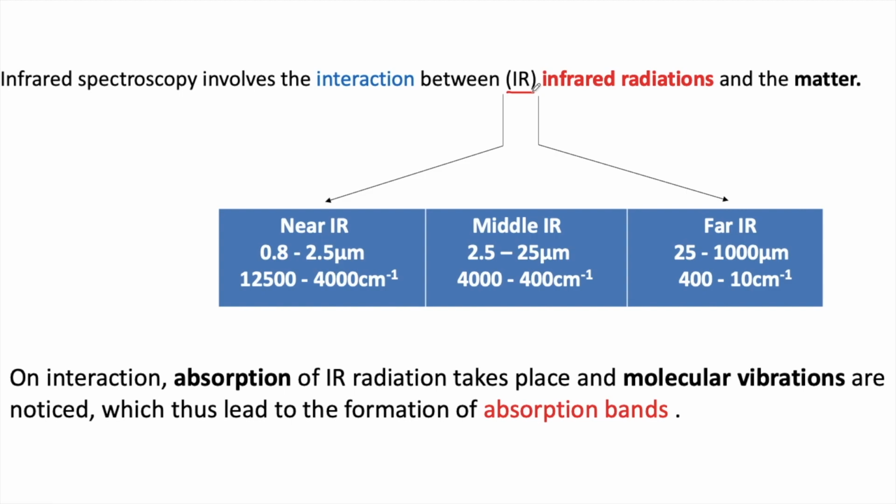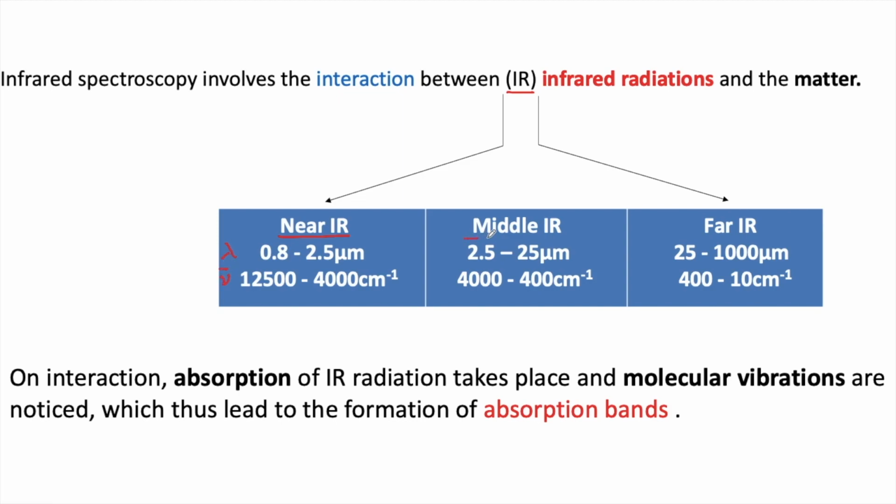The first region is the near IR region, and the wavelength range for this region is 0.8 to 2.5 micrometer, and we represent the wavelength with the sign lambda. The wave number range for this region is 12,500 to 4,000 per centimeter, and we represent the wave number with the sign nu bar.